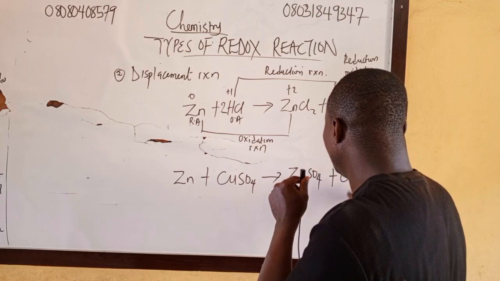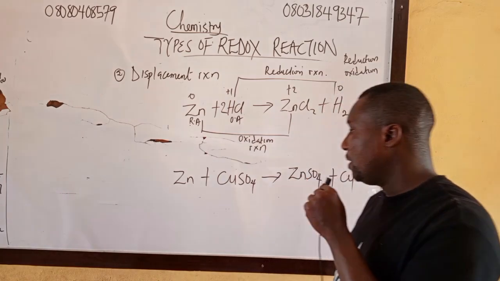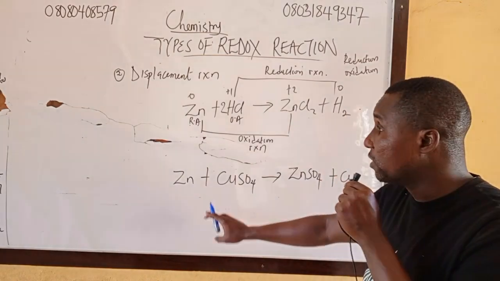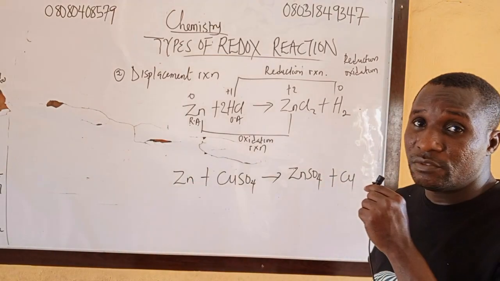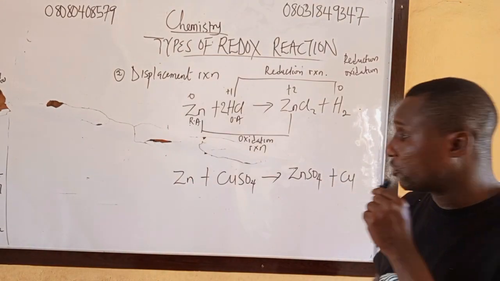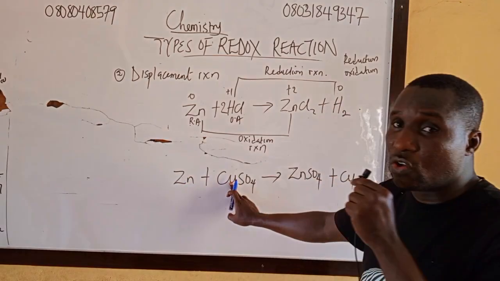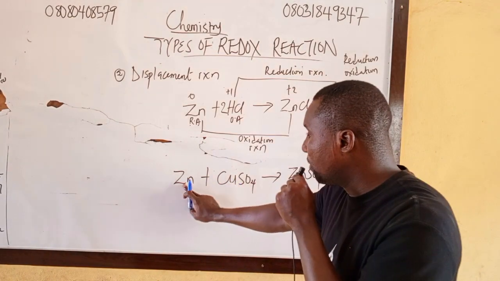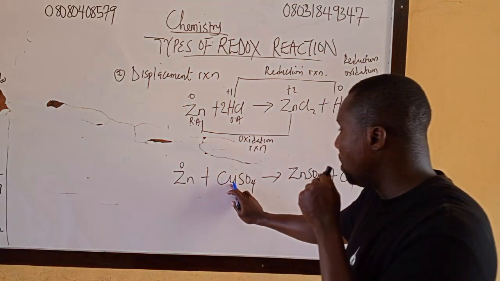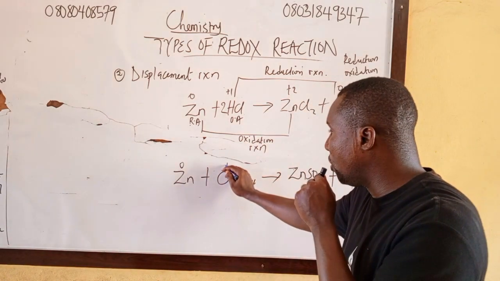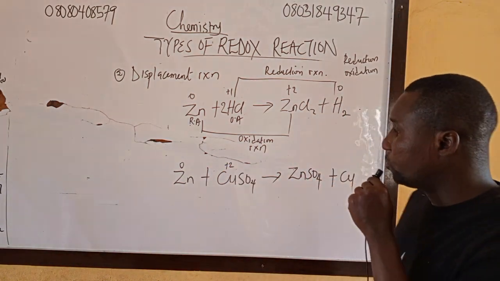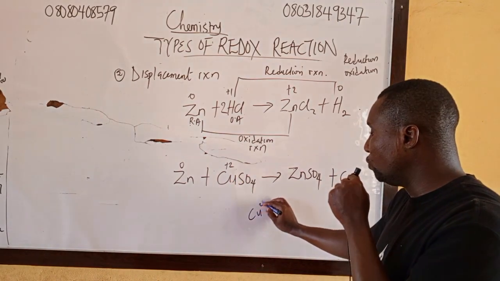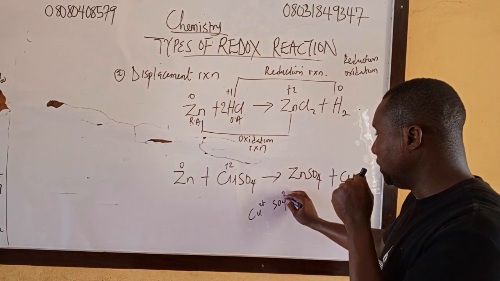ZnSO4 plus Cu. In this case, let us look at it. This is also a displacement reaction or single replacement reaction. Zinc has replaced copper. The oxidation number of zinc here is 0.